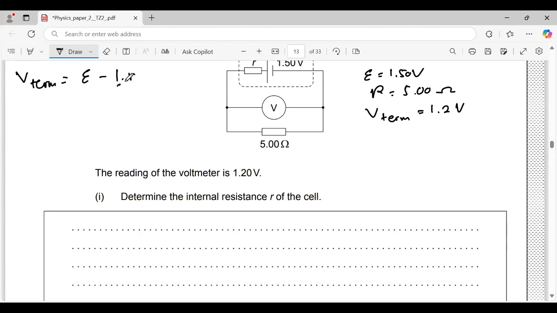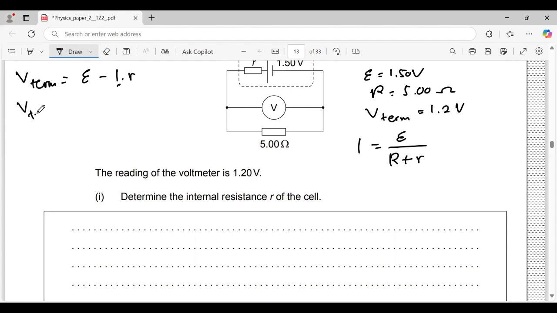The current in the circuit can be found using Ohm's law for the total circuit, which says that I equals EMF over external resistance plus internal resistance. Now substitute this equation into the previous one.